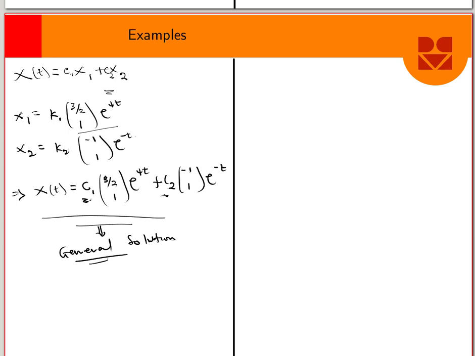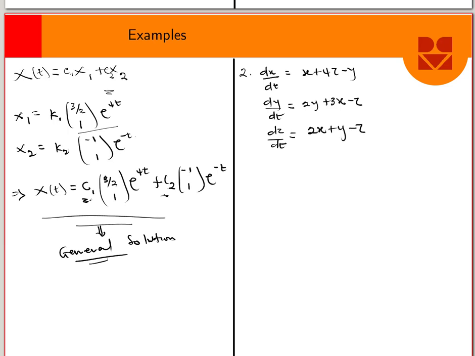So let's look at the second example, and let's see whether you can solve this example. What if we are given this system of differential equations: dx/dt is equal to x plus 4z minus y, dy/dt is given as 2y plus 3x minus z, and then dz/dt is given as 2x plus y minus z.